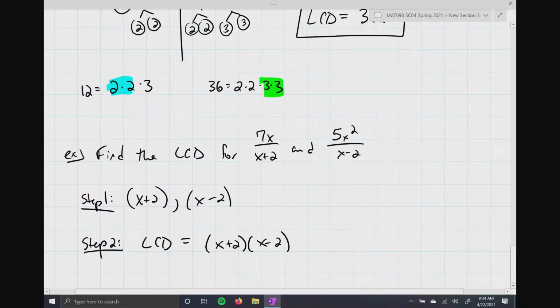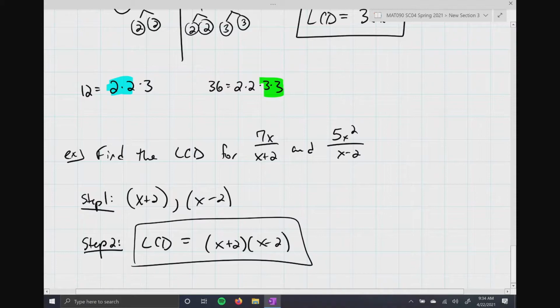So the exponents are 1 and 1 respectively. Now, you don't have to put a 1 there if you don't want to, and that's fine with me. But regardless, there's your LCD. So the LCD between 7x over x plus 2 and 5x squared over x minus 2 is going to be x plus 2 times x minus 2. Does that make sense, everyone?